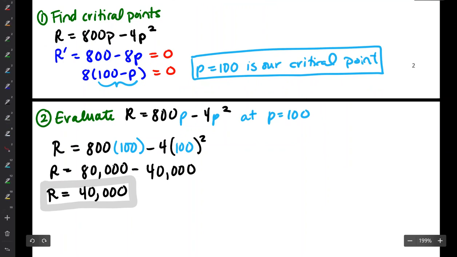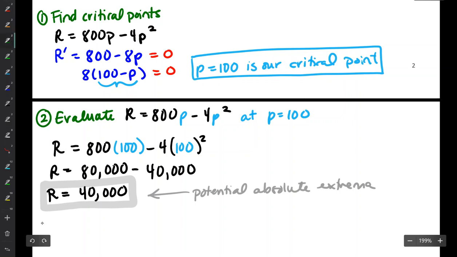But because there was a domain restriction for the price of the rental, we have to evaluate the revenue at those endpoints. This is a potential absolute extrema.